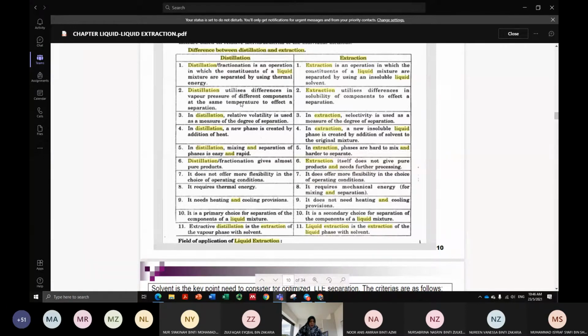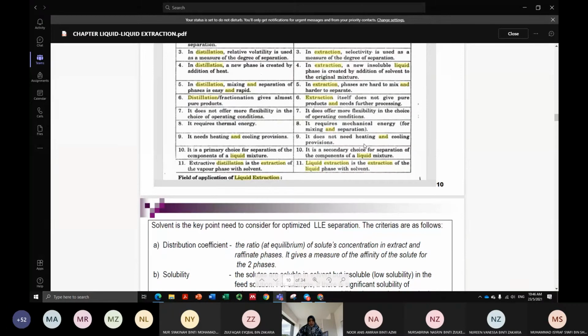Since you don't need external energy for liquid extraction, you focus on the solvent you use to extract the solutes. Extraction is based on the solubility of the solute in the solvent, but distillation is based on the difference in boiling point of the components.